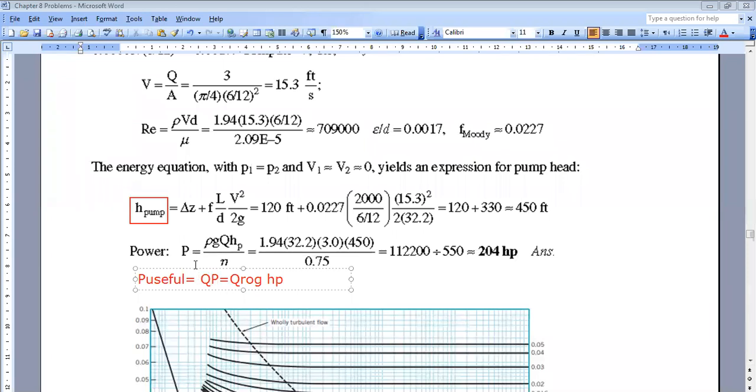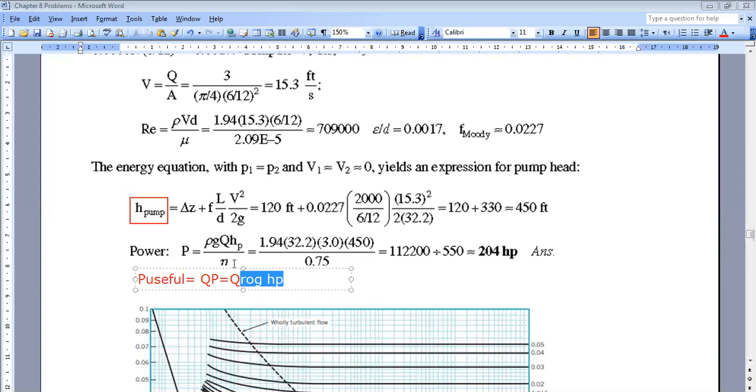So the useful power of my pump is Q times rho times G times HP. Don't confuse this term rho G H. It has the same form as the hydrostatic pressure, but it's not physically a pressure. It's due to the pressure created by the pump, the energy of the pump.